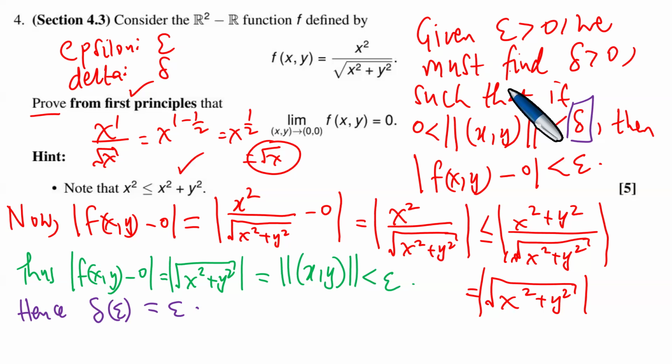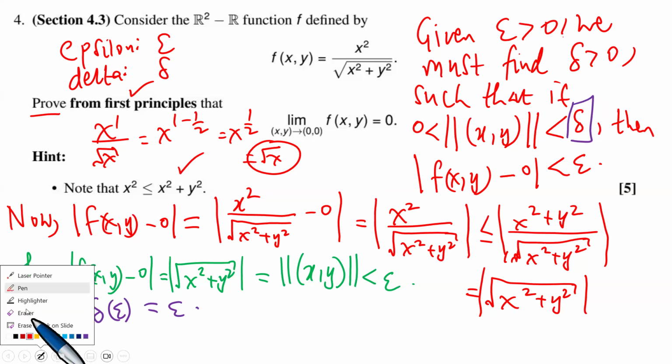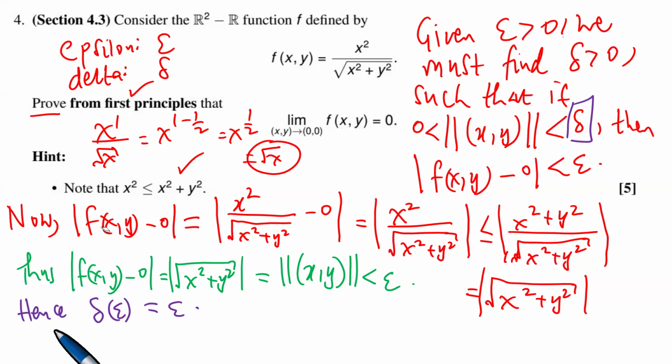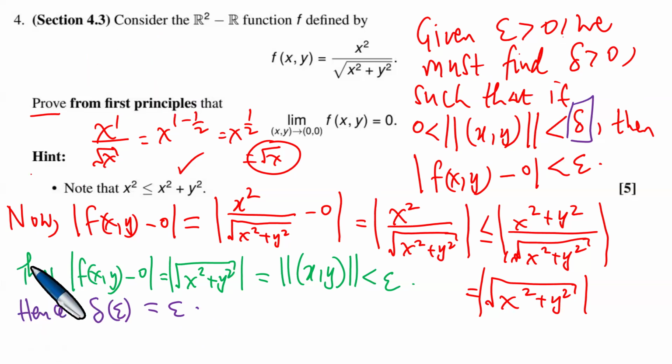Because we are given epsilon positive, we must find delta, and we found delta, and delta equals epsilon. And therefore we write the following conclusion. I'm gonna write it here. And this is the conclusion.